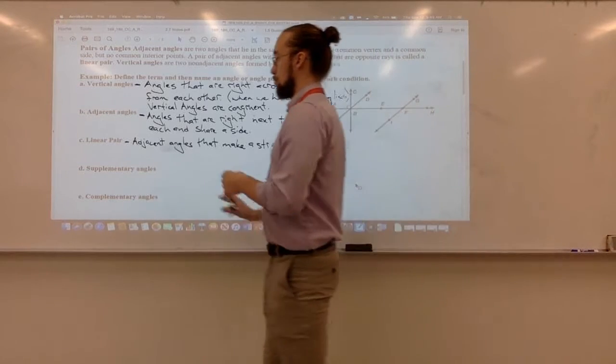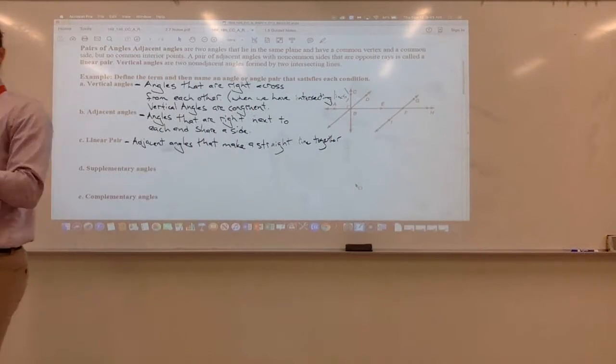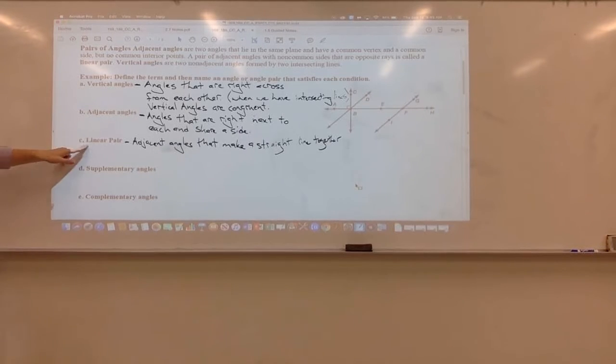Okay. So linear means line, right? A pair of adjacent angles, so angles that share a side, that are right next to each other, that make up a straight line together.